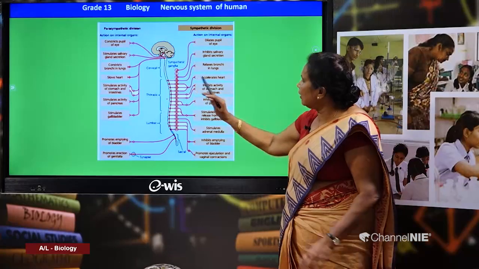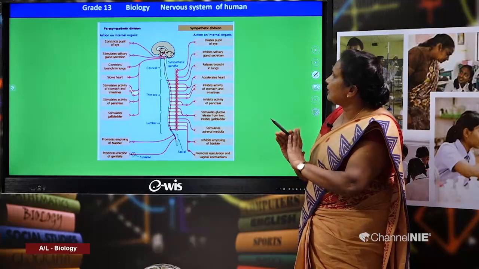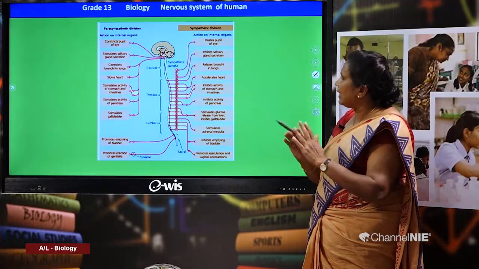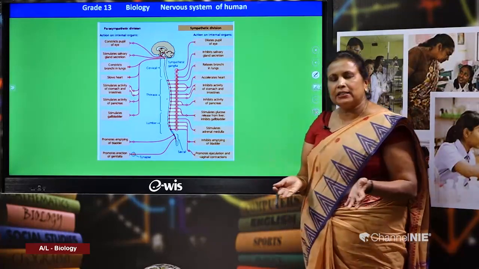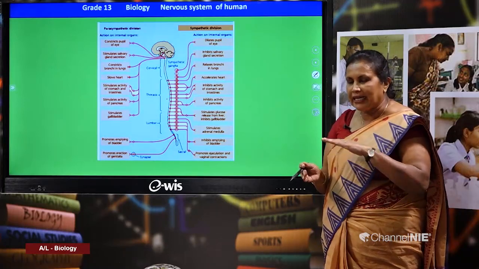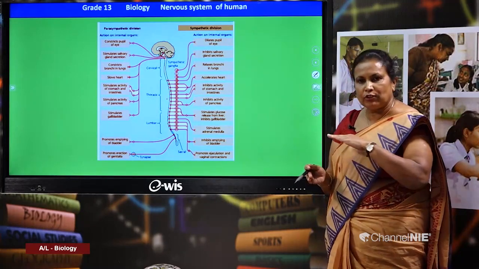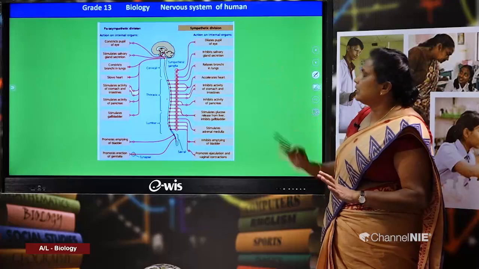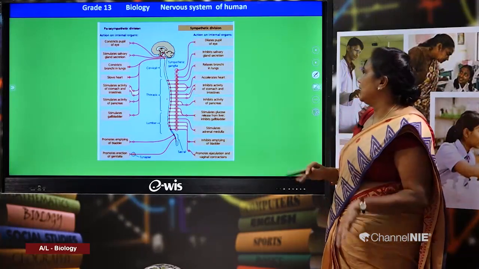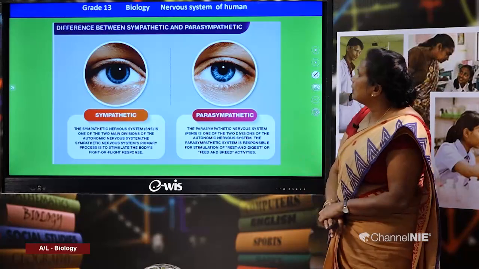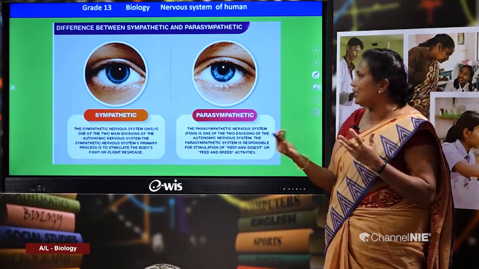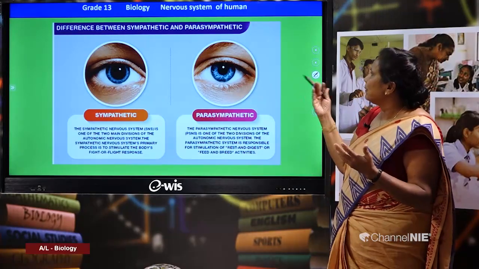Sympathetic always does the opposite reaction to the parasympathetic. As I explained earlier, parasympathetic is involved in the normal resting activities in the body and digestion, and the sympathetic is involved in emergency situations. Now you can see one of the important differences between sympathetic and parasympathetic.